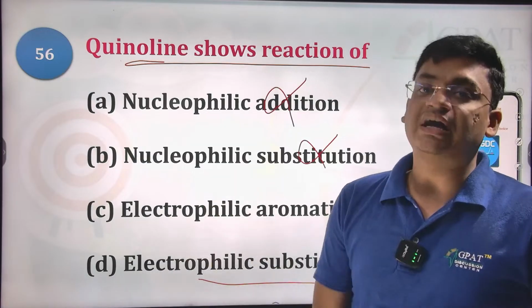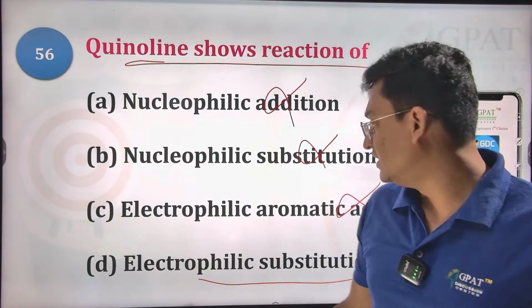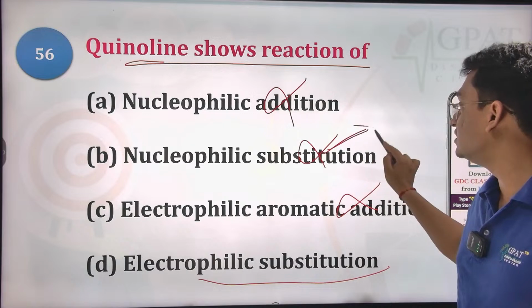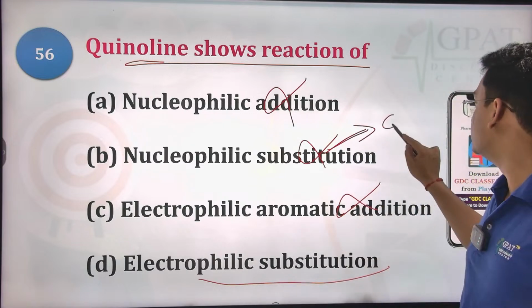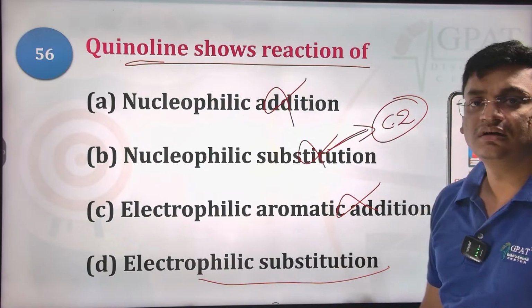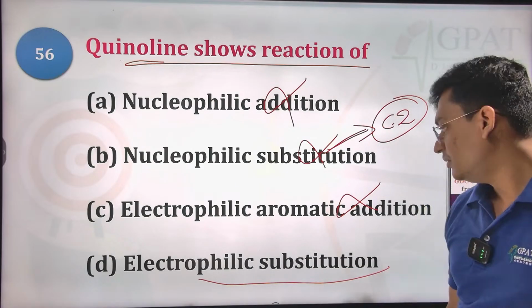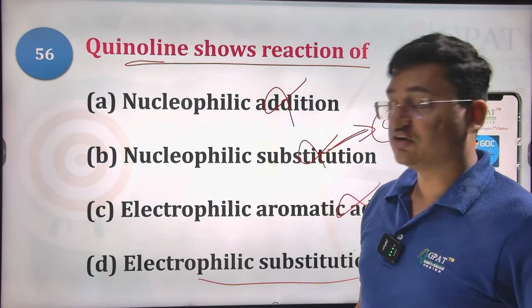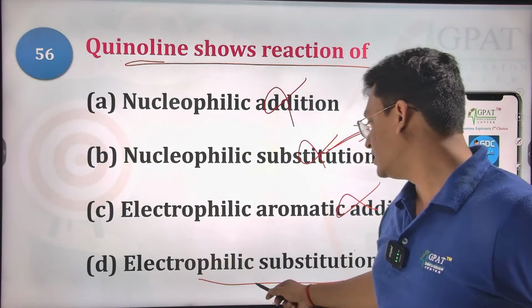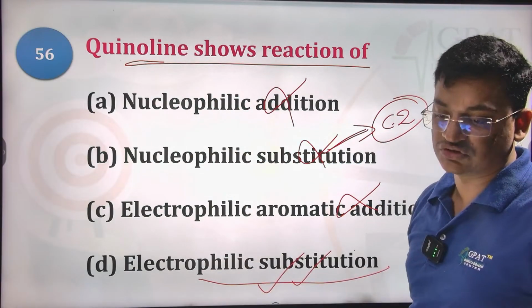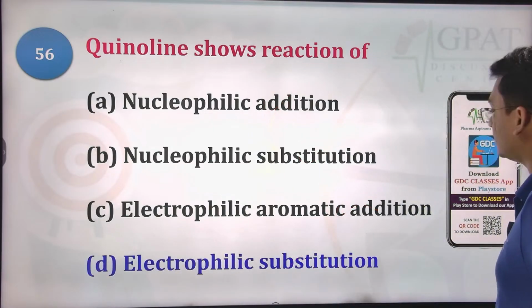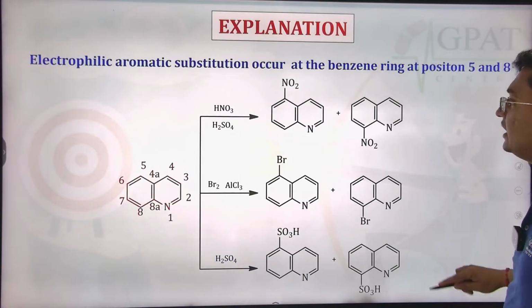There is a possibility for nucleophilic substitutions as well, but the nucleophilic substitution is possible only at the C2 position, and this is not that much seen. But electrophilic substitution, there are many kinds of electrophilic substitution reactions possible on the quinoline structure. So the appropriate answer for this question will be electrophilic substitution reaction. D will be the correct answer.